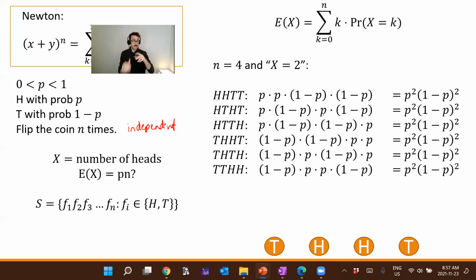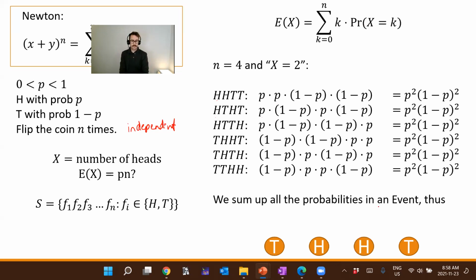In some sense, this is going to work because the probability is the same for all of these outcomes. That's going to make our life a lot easier.